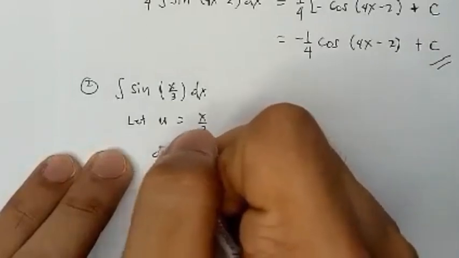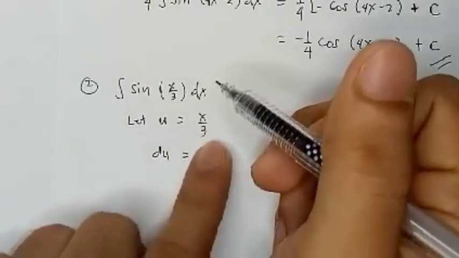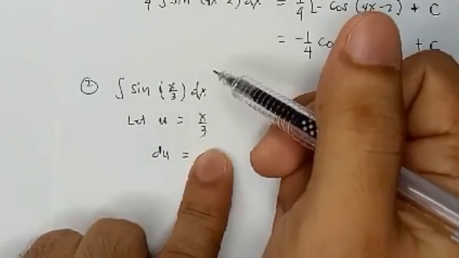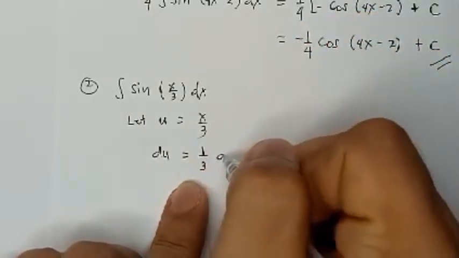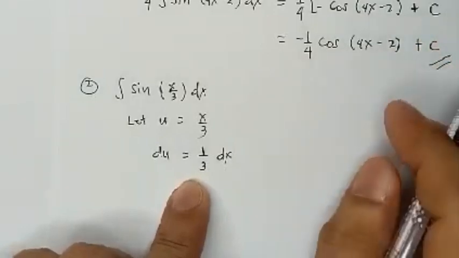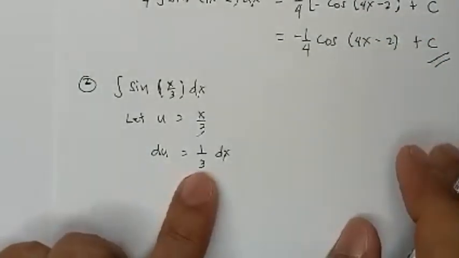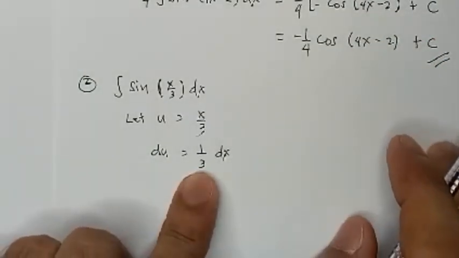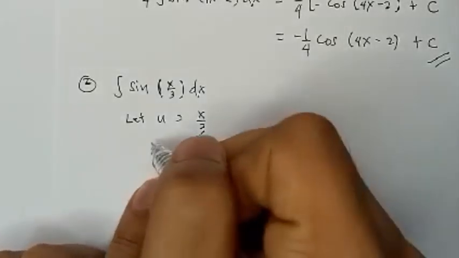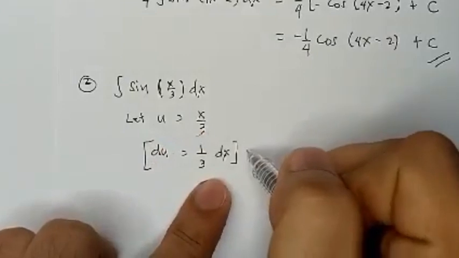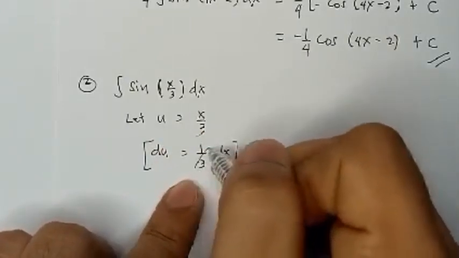So du equals 1/3 dx. Okay, once again, for us to eliminate this constant, and this constant now would be considered as our integrating factor, simply we are going to multiply both sides by 3. So this will be cancelled out.